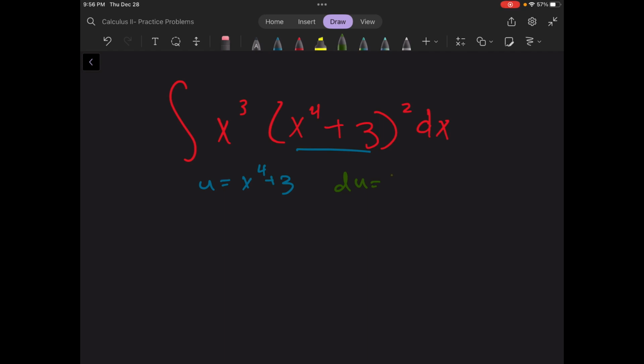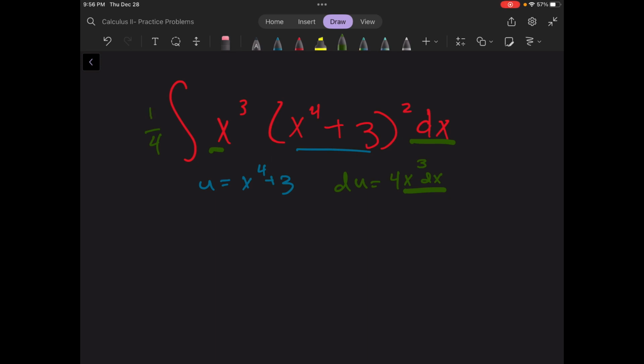Now let's see. The derivative of x to the 4 plus 3 is 4x cubed dx with respect to x, right? And let's see. We have the x cubed dx part. We're just missing the 4, so let's do the same thing. Multiply it by a special version of 1. Bring the top one in.